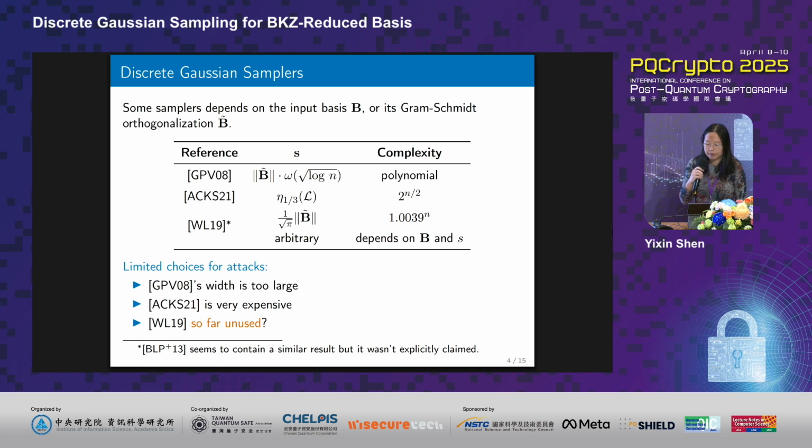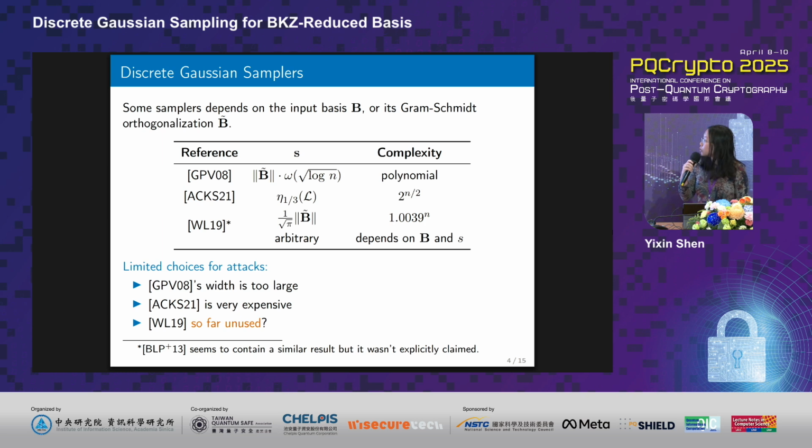However, for any n that we really care about in real life, you can upper bound this exponential by some constant. So you can really compare it to the GPV sampler, and it's actually much better in this case, because s is much smaller.